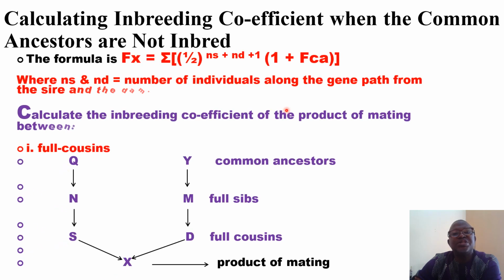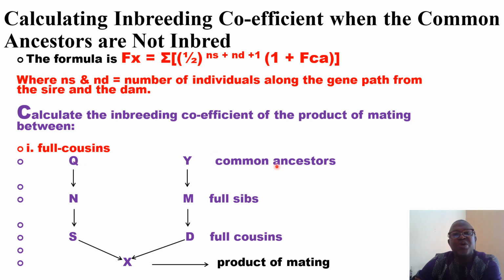The formula changes to Fx equals the sum of half to the power of (Ns plus Nd plus 1) times (1 plus the coefficient of inbreeding), where Ns and Nd equal the number of individuals along the gene path from the sire to the dam. So, as an example, let's calculate the inbreeding coefficient of the product of mating between two full cousins.